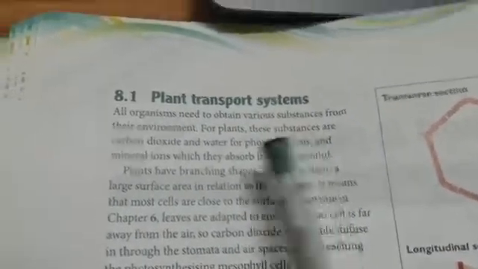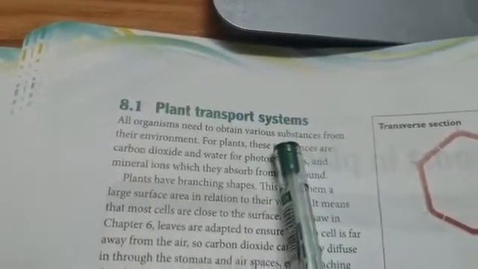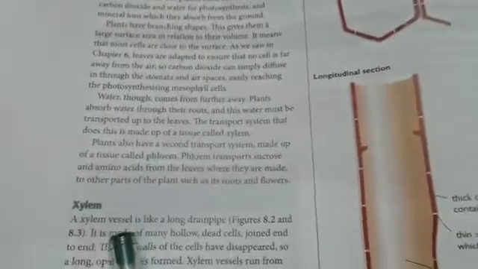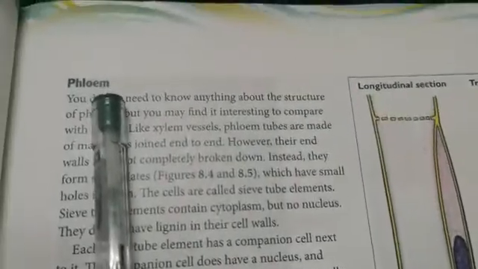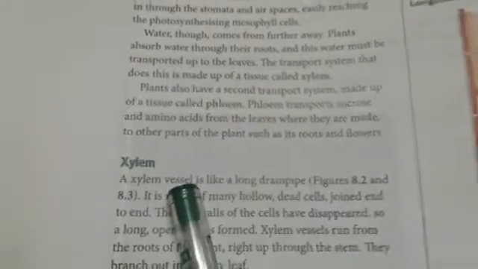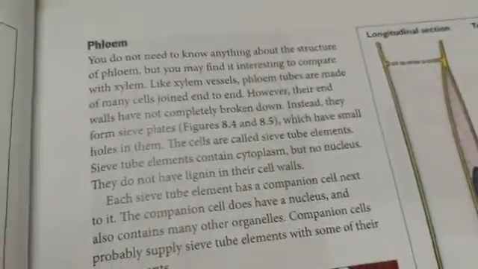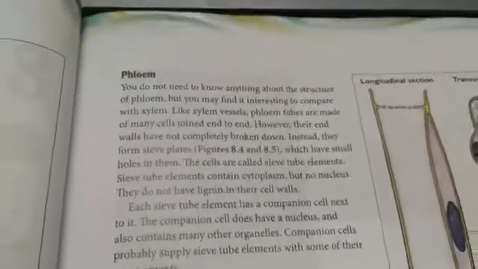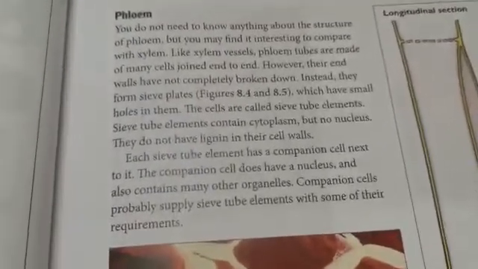The plant transport system works through two kinds of tissues called xylem, and on the next page you can see another word, phloem. So xylem and phloem are the two kinds of tissues that help in the transportation of plants.